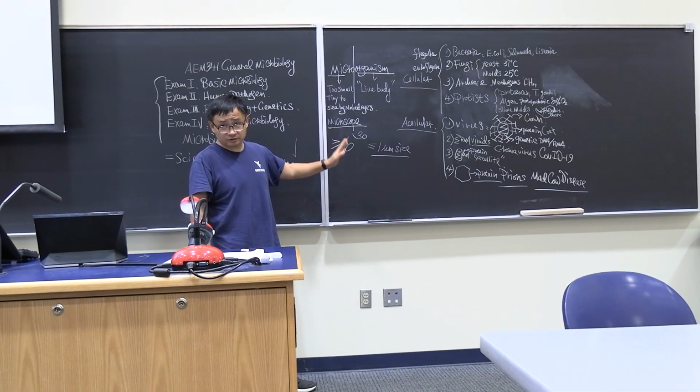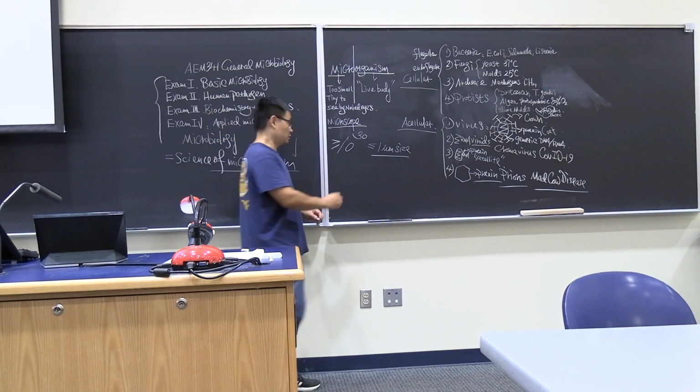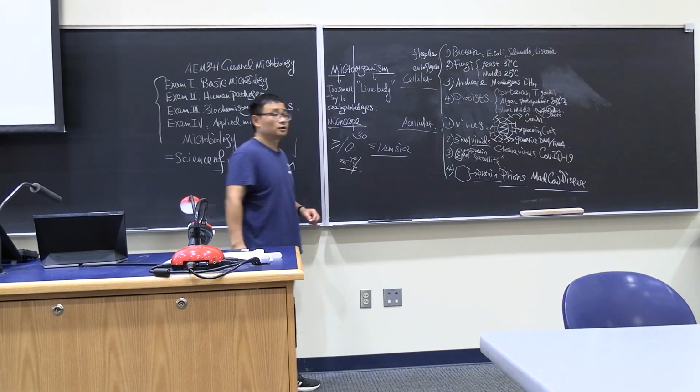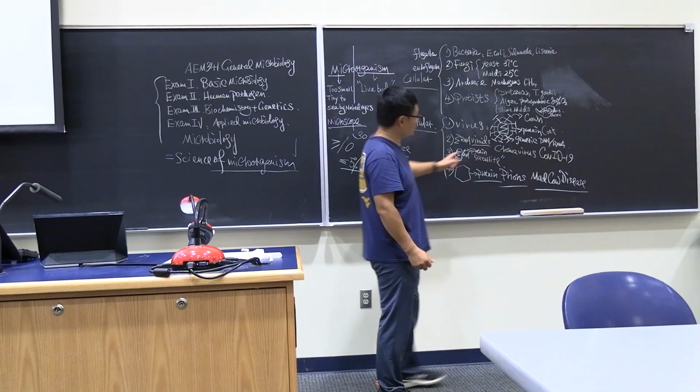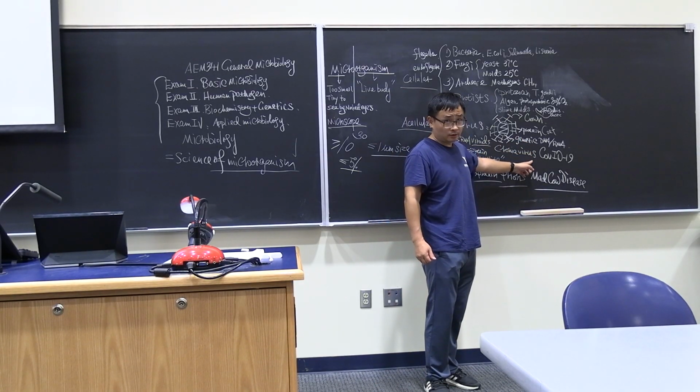So just want to let you know there are millions, trillions, or, people make a joke, gazillions of microorganisms. But how many do we know? Less than 5%. That's the reason when this happens, people are not prepared.